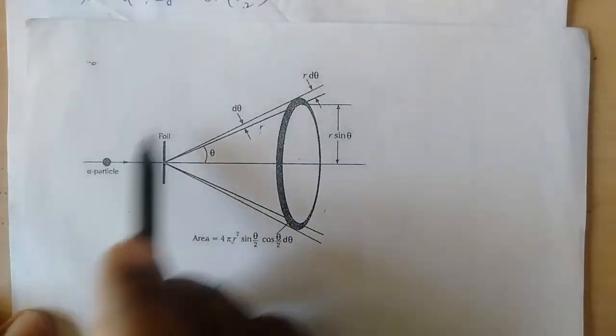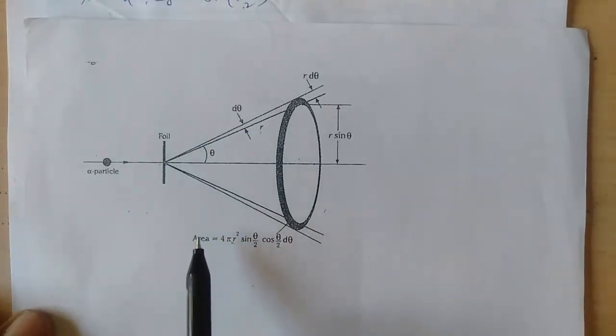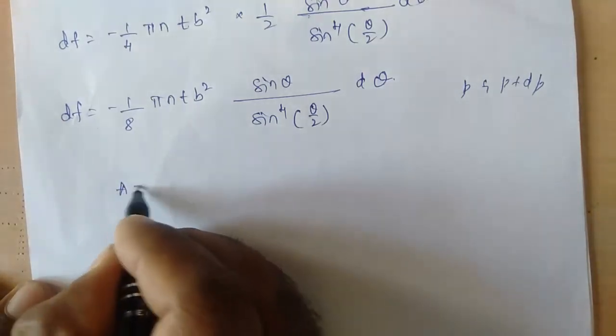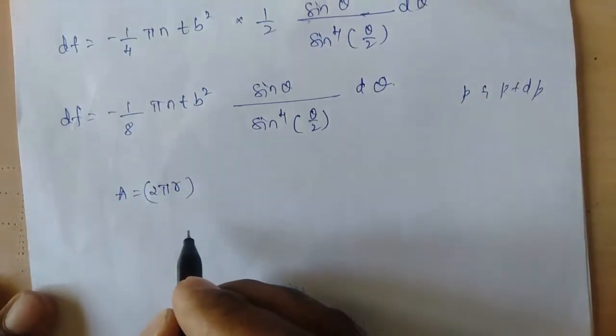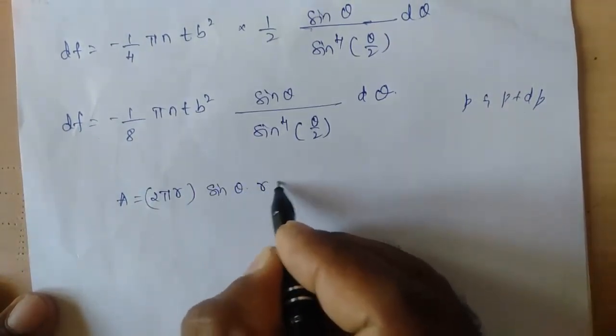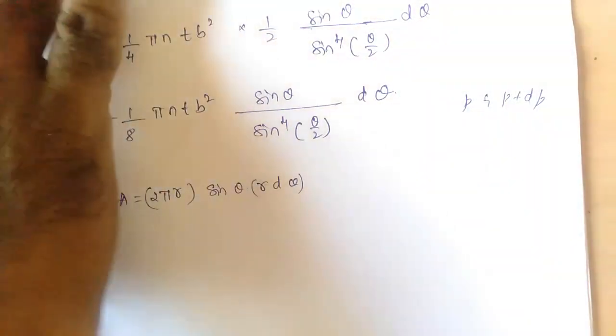So with the help of this diagram we can write the expression for the area of the target as A = 2π r sin θ × r dθ. Here 2π r sin θ is the circumference of that circle, and r dθ is the thickness of that shaded area.